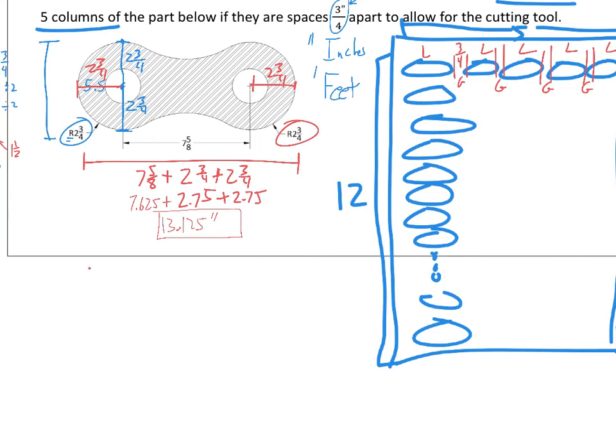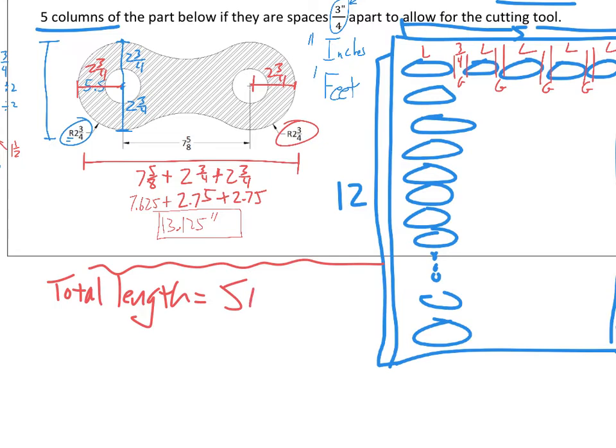So to get this total length, we need 5 of the little lengths. I'll call that L. Okay, there's my L there. Plus 4 of the gaps. Well, what does that mean? That means we have 5 of these 13.125s plus 4.